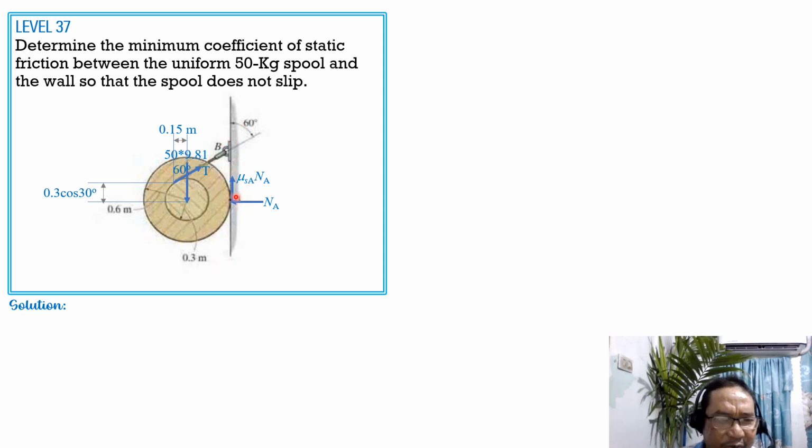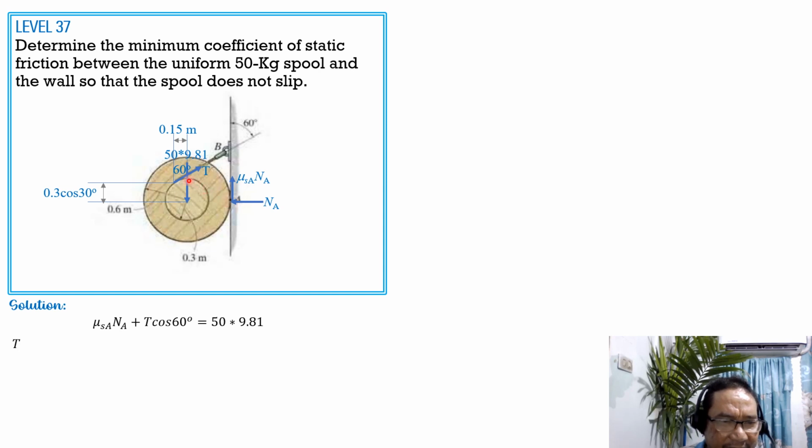Then summation forces vertical equals 0. So mu SA times NA plus vertical component of tension, which is T cosine of 60, equals 50 times 9.81. Then summation of moment about point A equals 0.